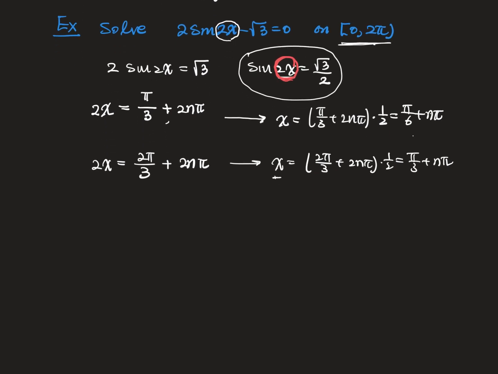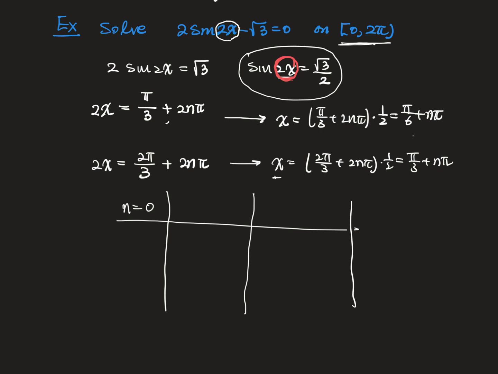So we're going to make a table, and easily we're going to find it, guys. Let's start with n equals 0, because then the angle is positive, right? So you have two solutions: x1 is pi over 6 plus n pi, and another x is pi over 3 plus n pi.